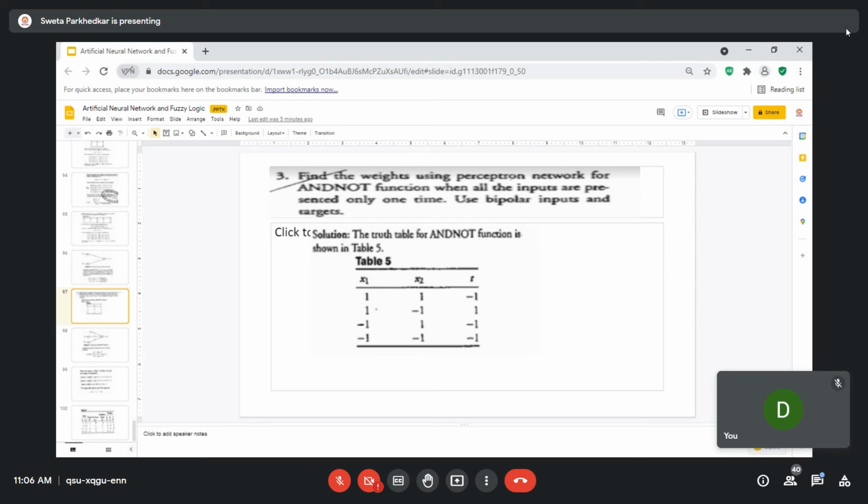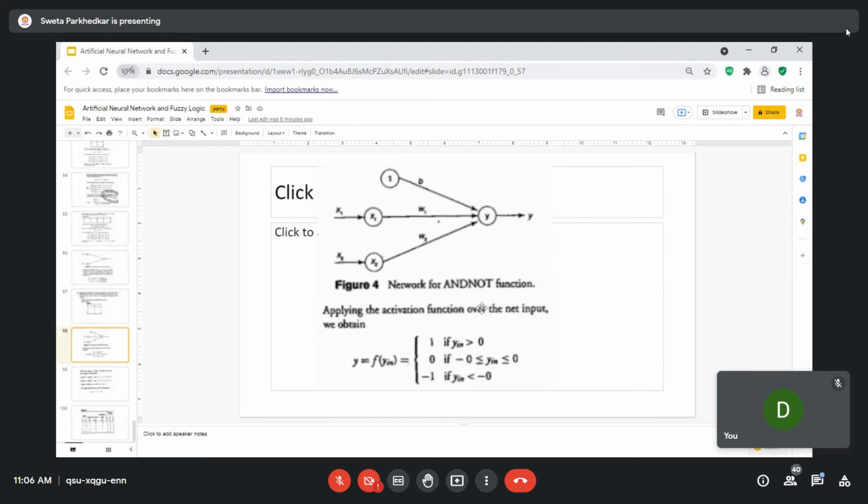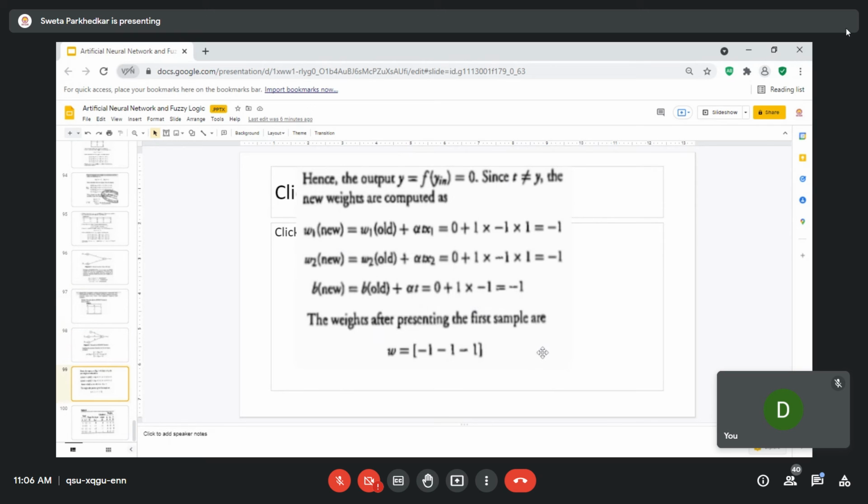हम लोग वेट कैसे अपडेट करते हैं? That is W1 new is equals to W1 old plus alpha t x1, right? Write this down.